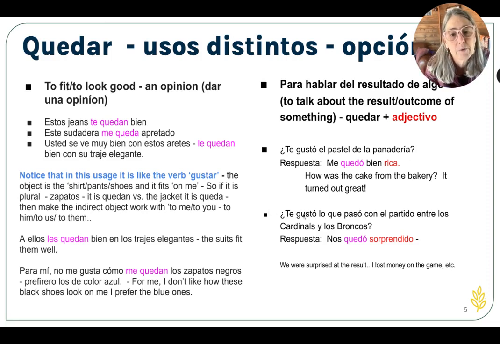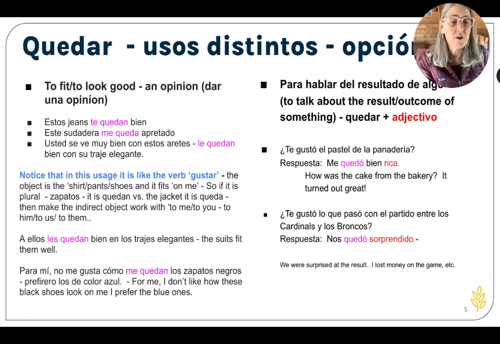So someone could say, ¿Te gustó lo que pasó? This is past tense. You can do this in the present as well. ¿Te gustó lo que pasó con el partido entre los Cardinals y los Broncos? Nos quedó sorprendido. The subject is the result of the game between the Cardinals and the Broncos left us surprised.